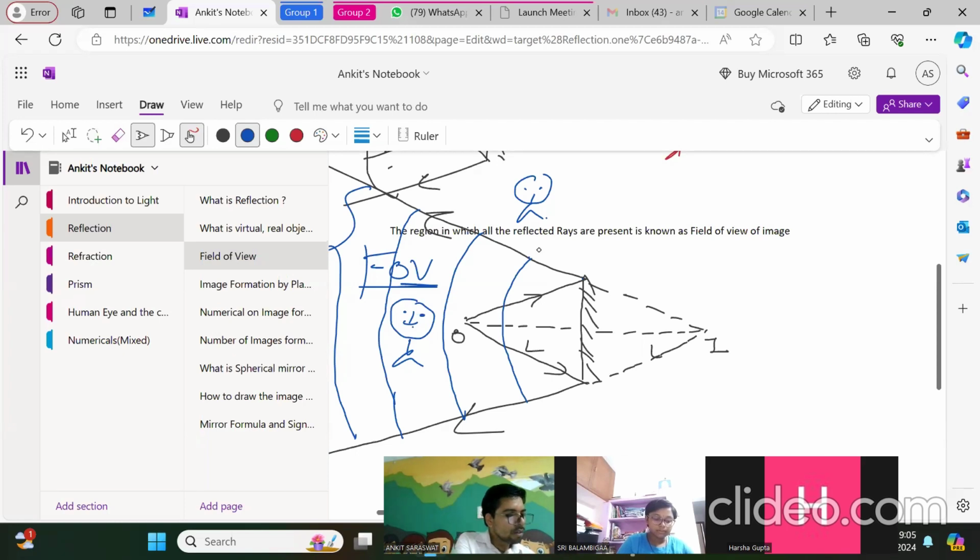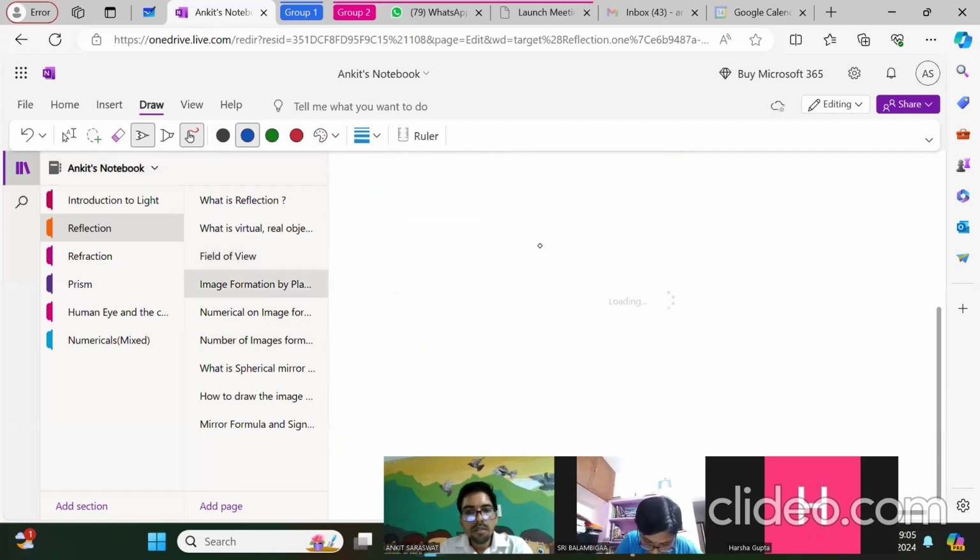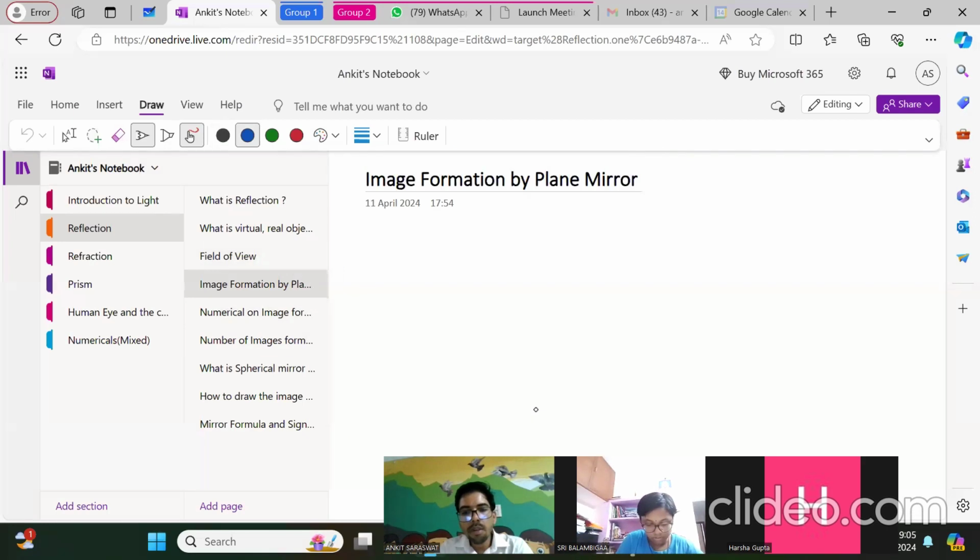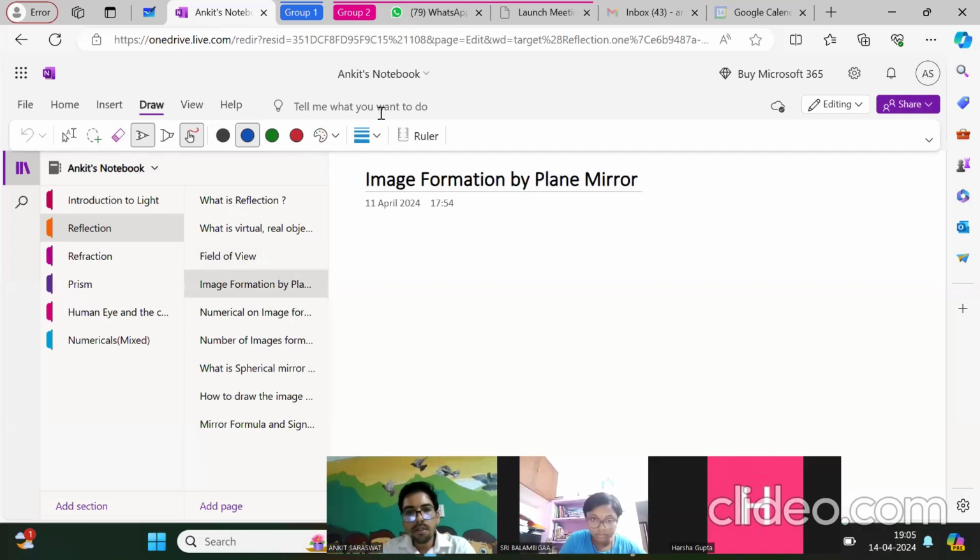After this, write the new topic, that is number of images formed by the plane mirror. You can give the heading number of images formed by the plane mirror.